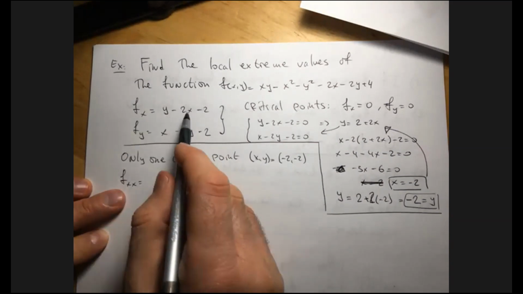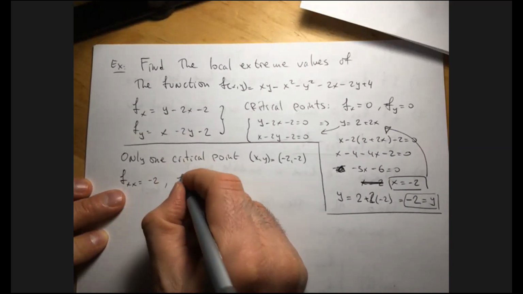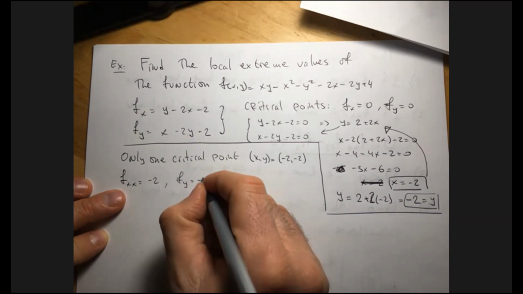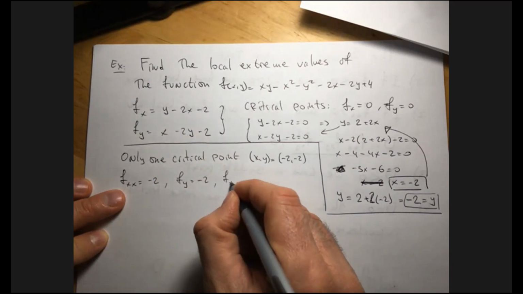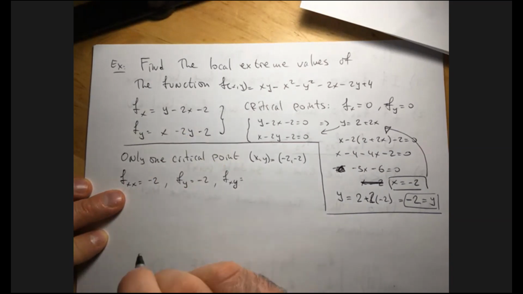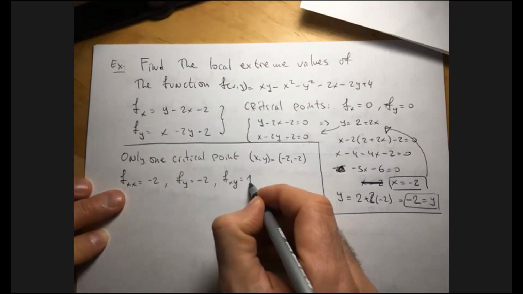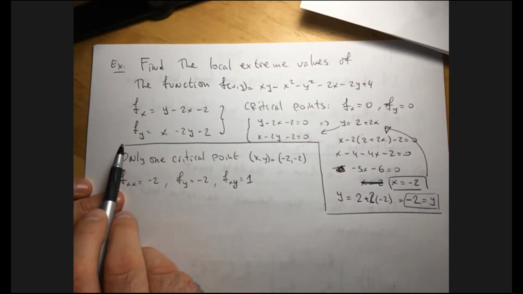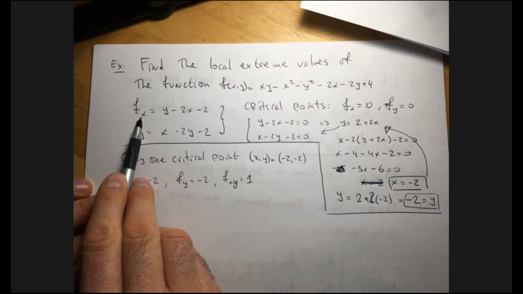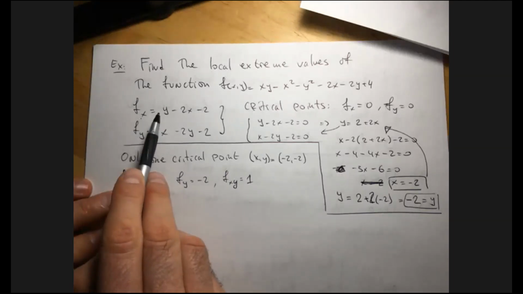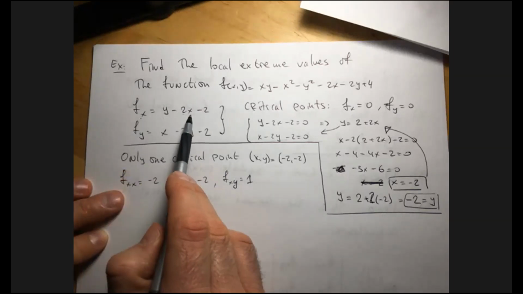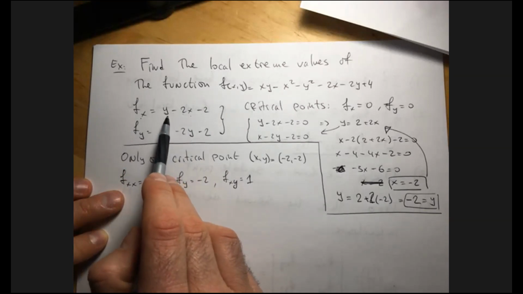F double x is just negative 2. F double y is just negative 2. And the mixed second order partial derivative is 1, right? How do we find that? Well, I find the derivative of partial f partial x with respect to y. These don't depend on y, so its derivative is 0. Derivative of y is just 1.